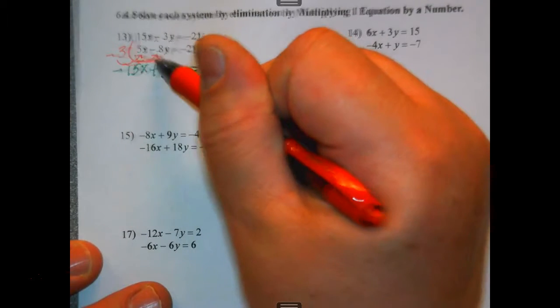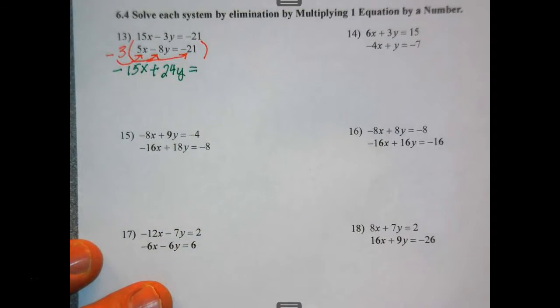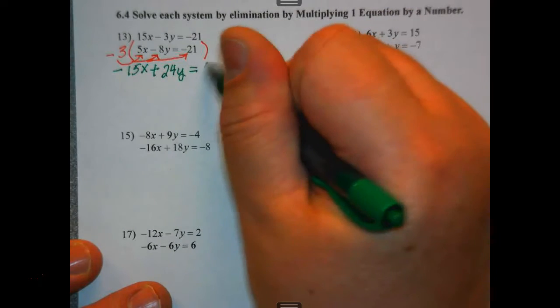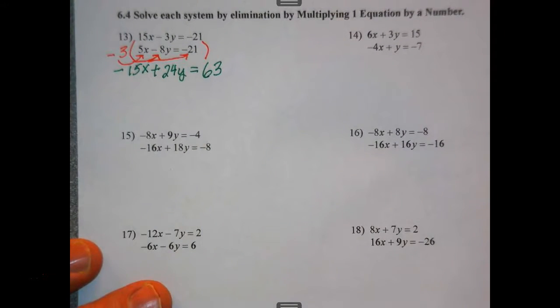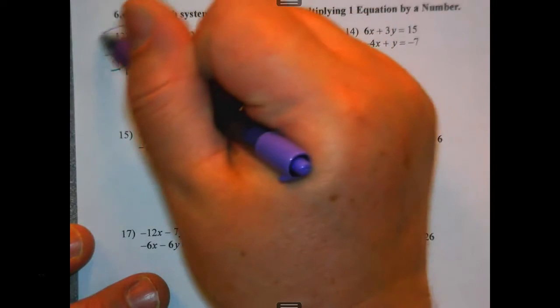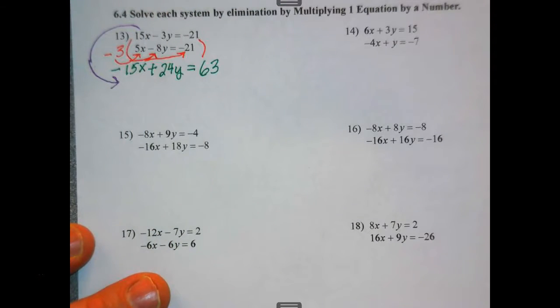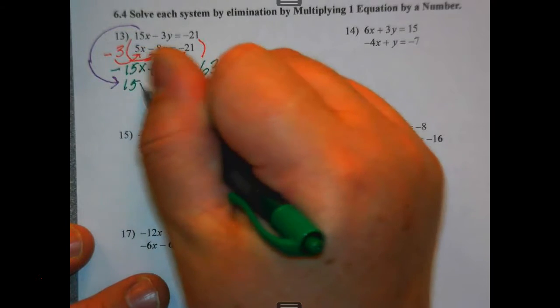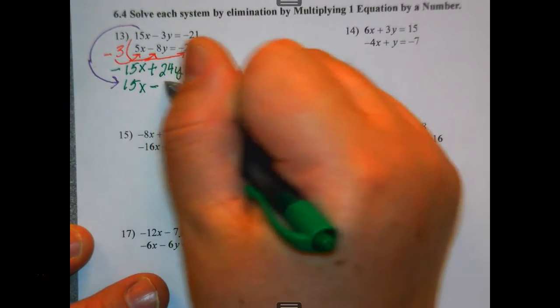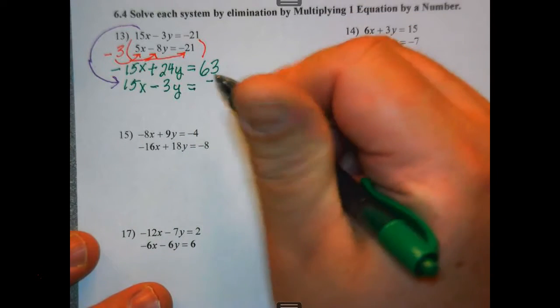Negative 3 times negative 21 is a positive 63. Now this one I'm not going to have a choice. I'm going to have to rewrite the top one. I have 15x minus 3y equals negative 21.